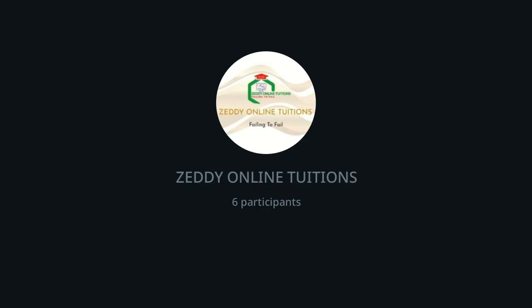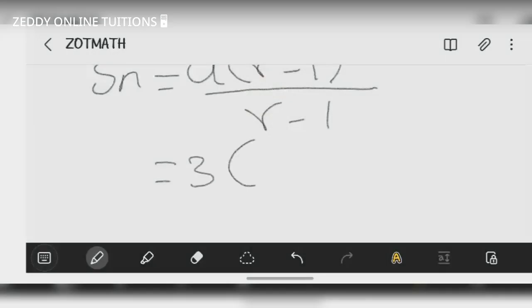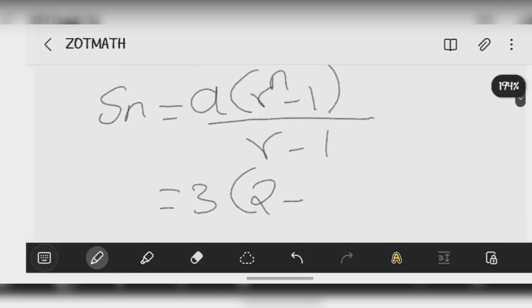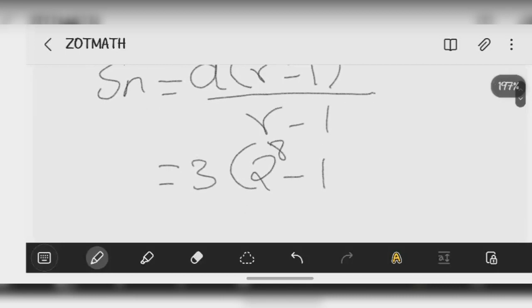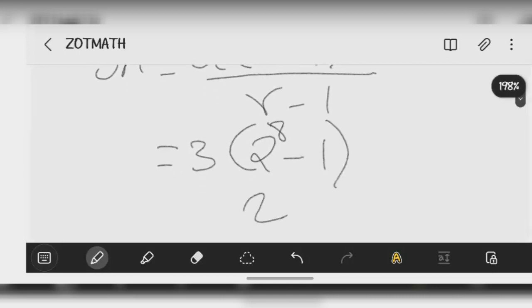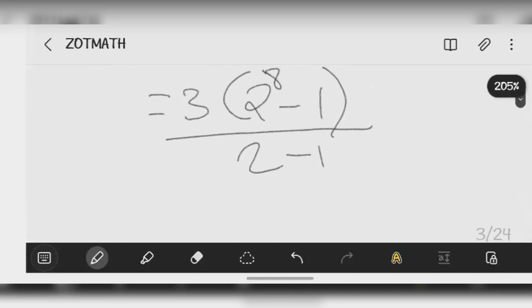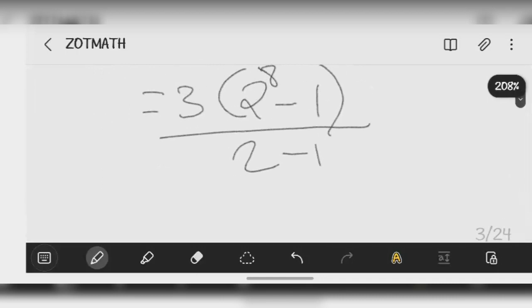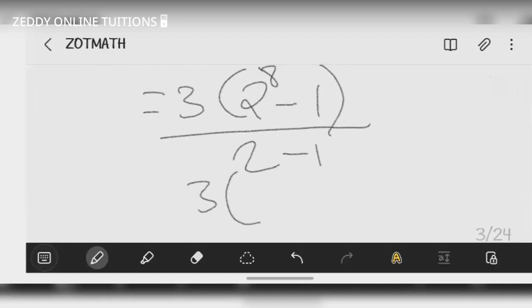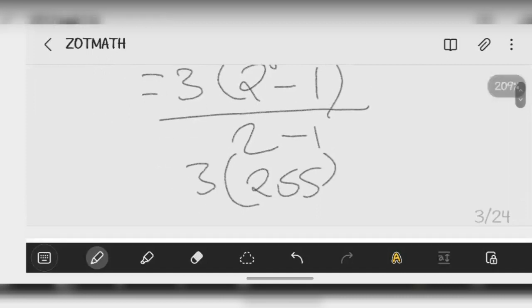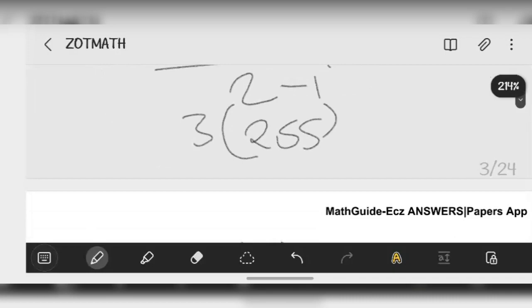What is our first term? 3, open bracket. What is our common ratio? 2, to the power 8 minus 1, close, and then 2 minus 1 down here. Is it clear? So now we'll say 3, and when we calculate these, they give us 255, because here 2 minus 1 is just 1.